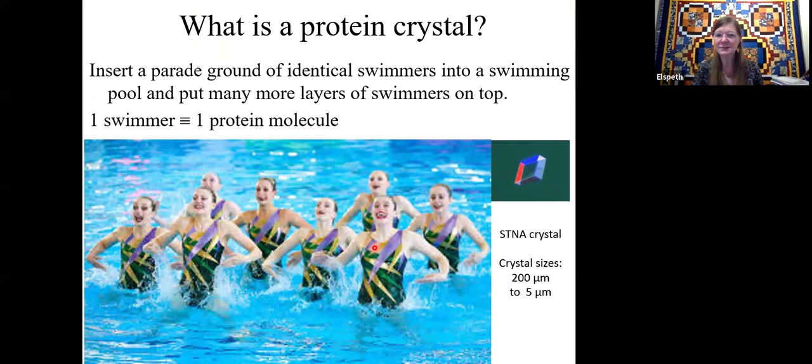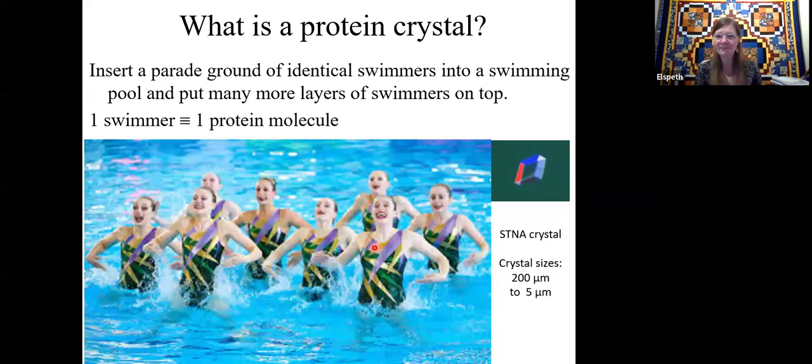And the first thing is to realize that protein crystals are in fact somewhere between solid and liquid. They're not pure solid and they're not pure liquid. So you can liken it to synchronized swimmers in a pool. And what you notice about these swimmers is that some of them have got bigger mouths than others, and some of them have got their fingers in slightly different places.